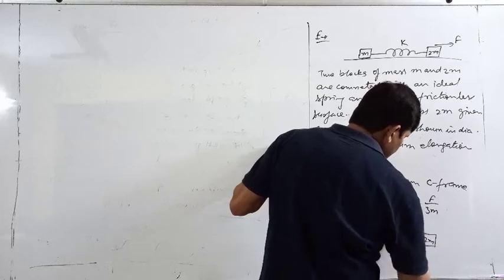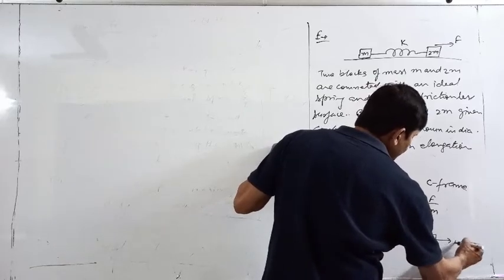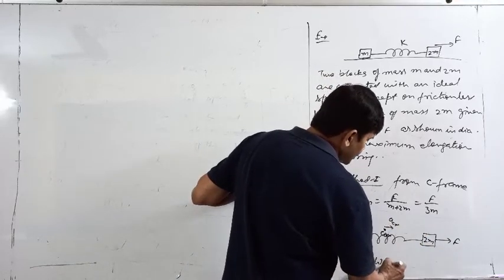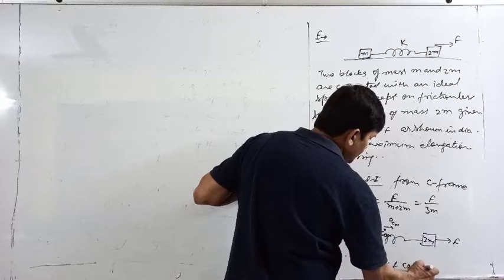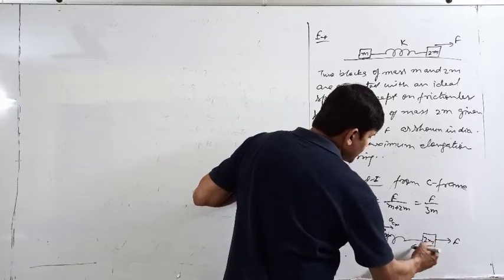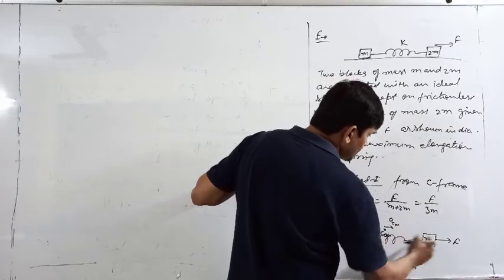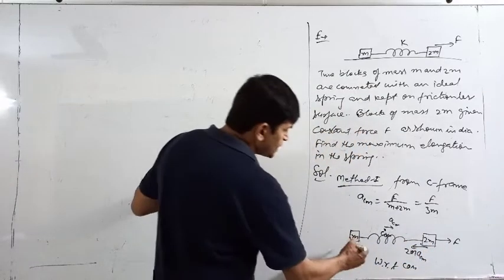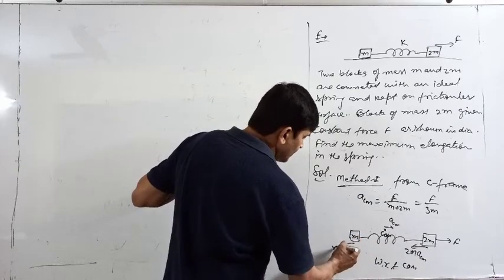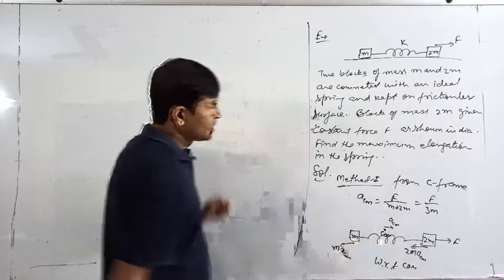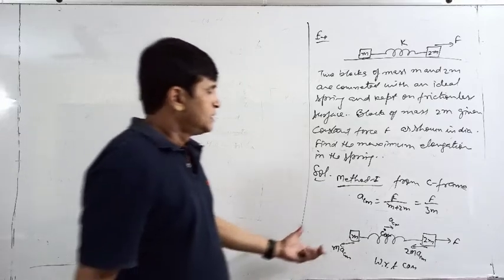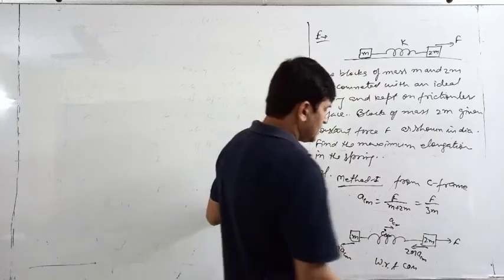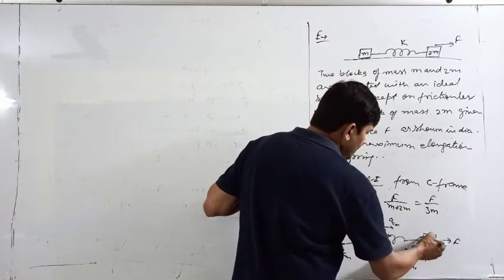So here forces: one force here, the applied force F. With respect to the center of mass, I am making a pseudo force in this direction. How much pseudo force here? 2m into ACM. Here pseudo force m into ACM. Now, these are the work done and the spring force. And another here I can say is the spring force.